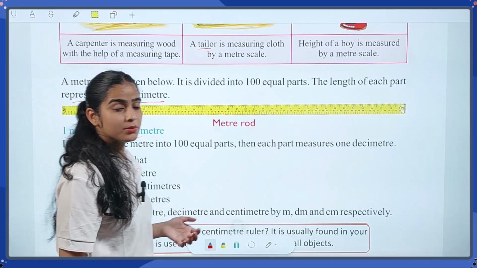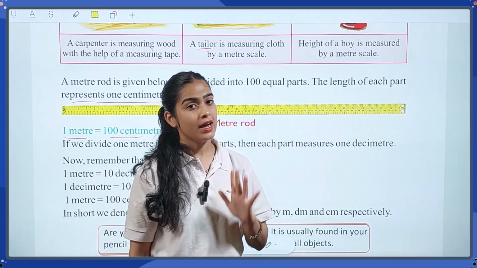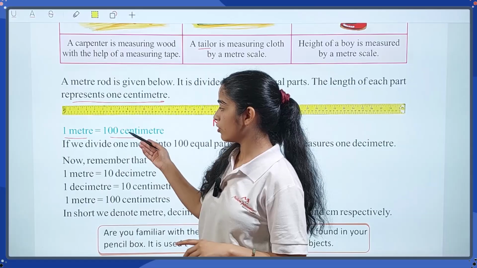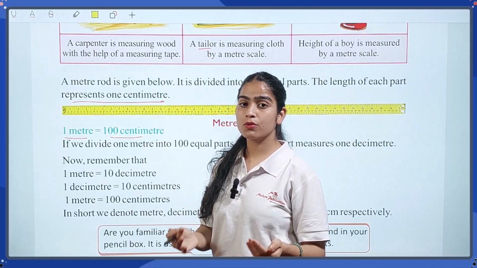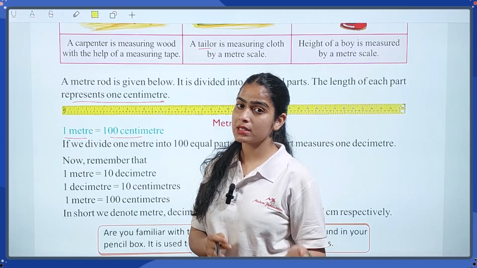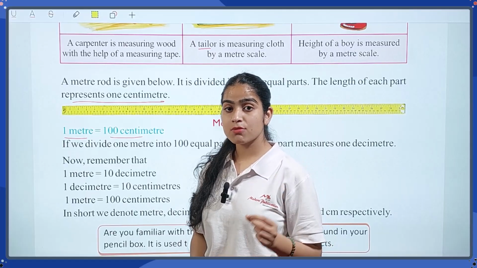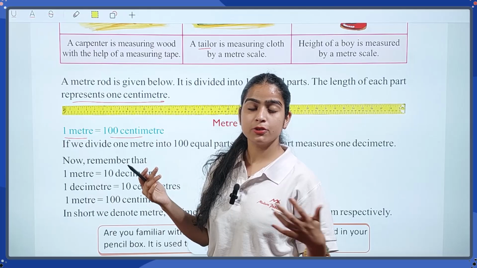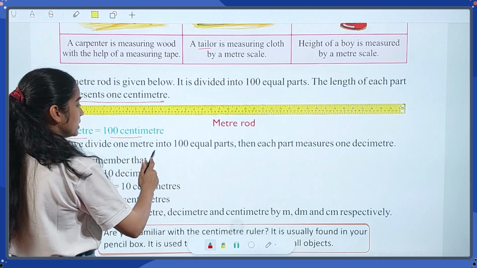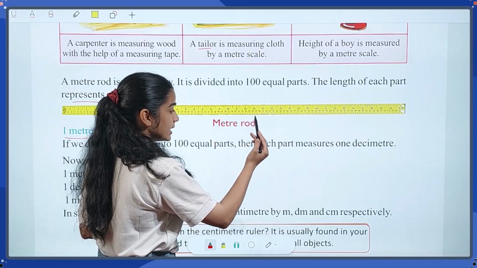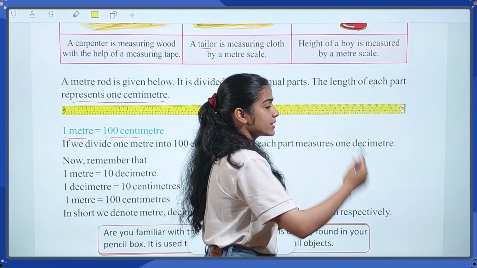So how many centimeters are there in 1 meter? 100 centimeters. You always have to remember this point because later we can convert meters into centimeters and centimeters into meters, as we converted money into rupees and rupees into money in our previous chapter. Now, if we divide 1 meter into 10 equal parts, then each part measures 1 decimeter.